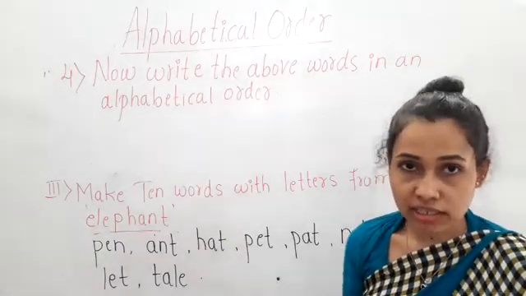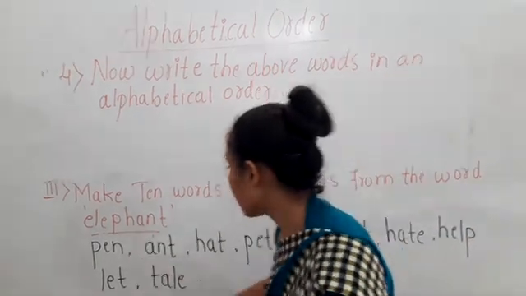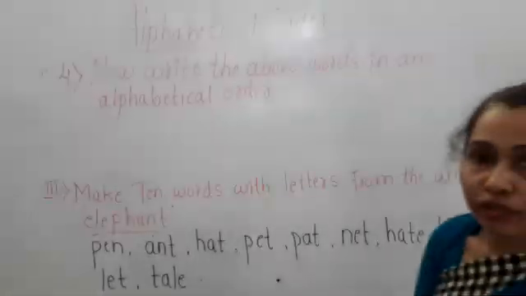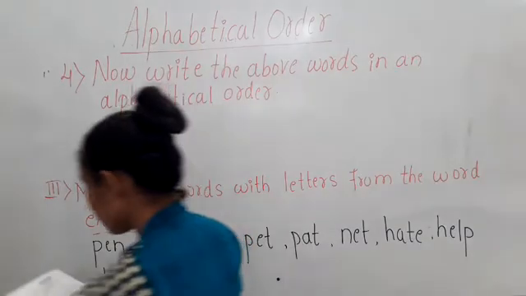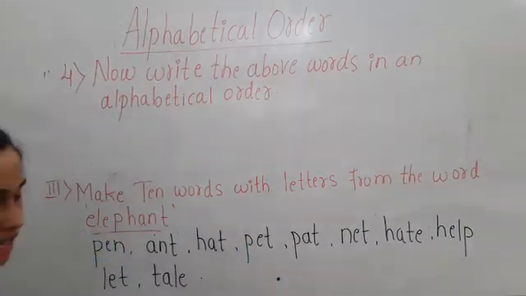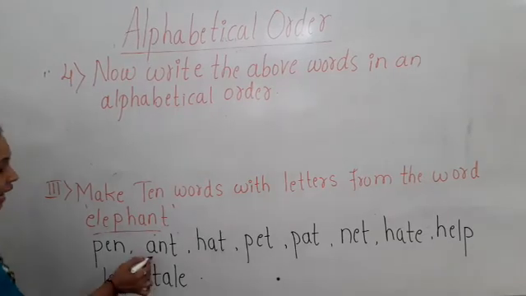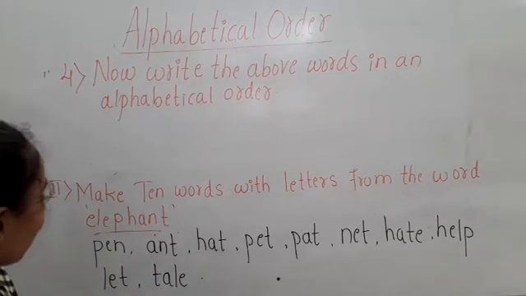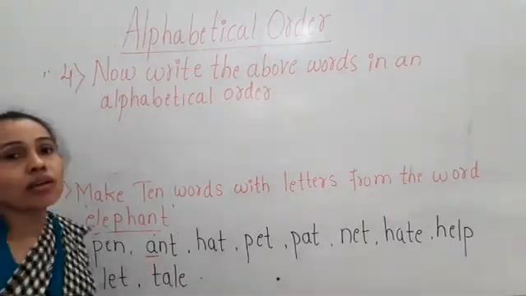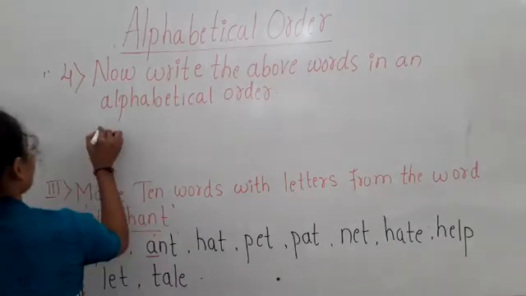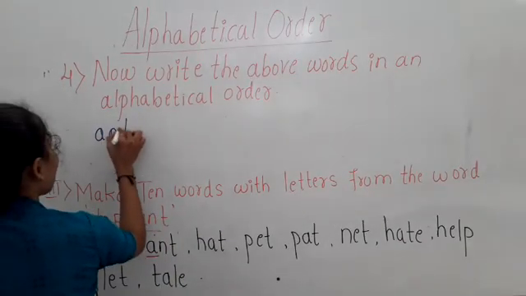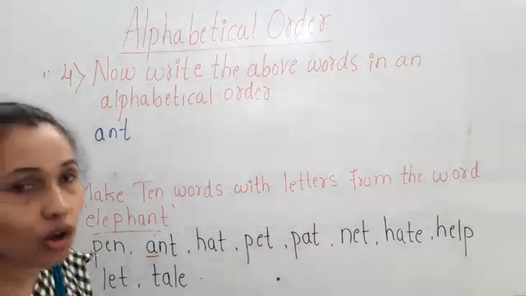And all the other words are starting with different letters. So here, which one should come first, children? ANT, ant. A comes first in the alphabet. So we have to write ANT in the beginning, because we are arranging in alphabetical order.